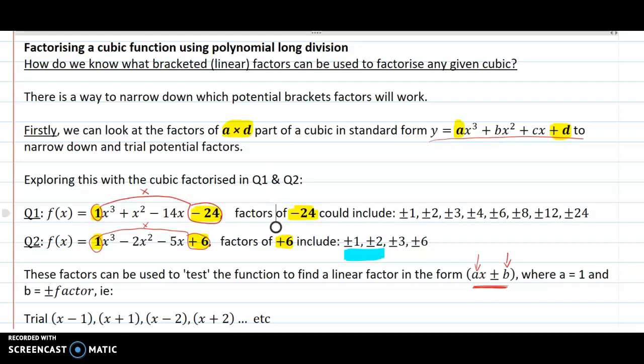So say I wanted to test whether x minus 1 was a factor. If we look at this in this format, you should be able to see that that's like saying 1x minus 1. So you can see here that the a is 1 and the b value there is negative 1.